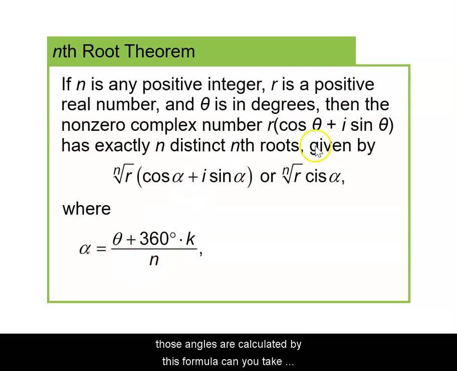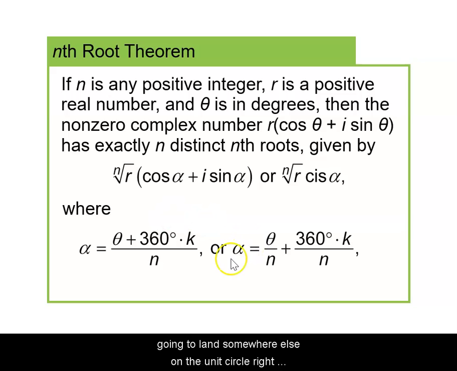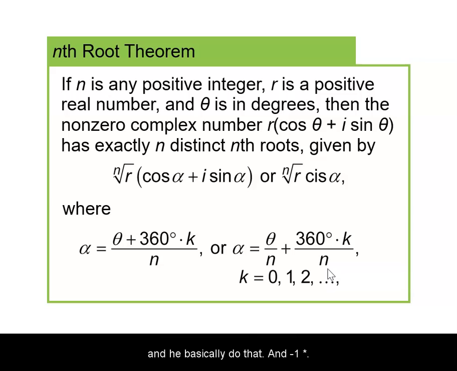You take your original theta for the number you were trying to take the root of, you add 360 degrees times k, you divide by the number of roots you have, and you're adding multiples of k to the 360 degrees, because each time you're going to land somewhere else on the unit circle. And you basically do that n minus 1 times.